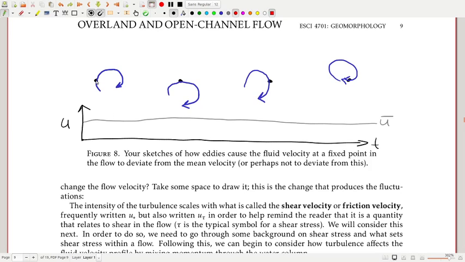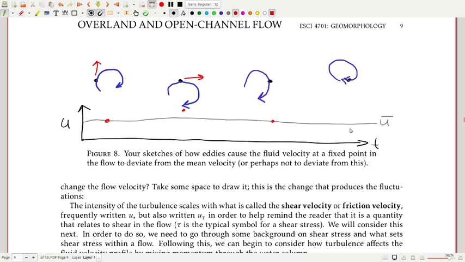So here, this eddy is carrying the flow up. So there's going to be no difference, and so velocity is just going to equal u bar. Here though, the eddy's pulling that flow forward, so we're going to have some excess velocity. Here, it's pulling the flow back down, and so since down is not forward or backward, the velocity is going to stay the same.